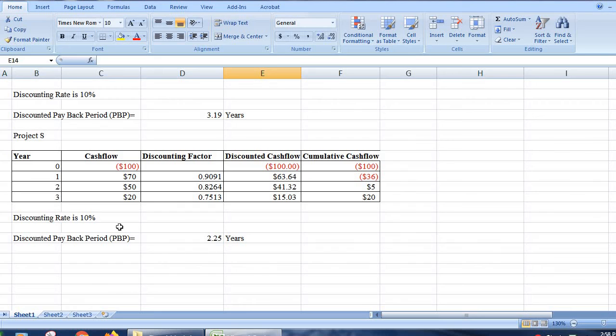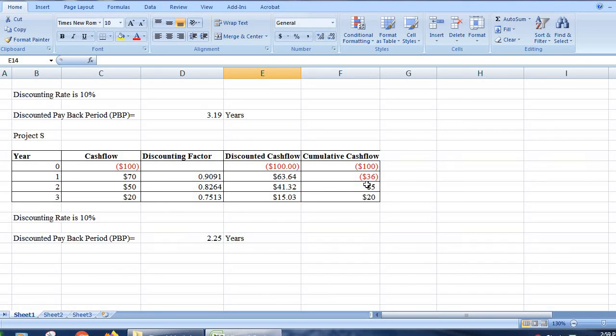Select this cash flow, which is the initial investment at time 0, divided by 1.1 to the power of time. Now we click enter, and the other years are calculated automatically.